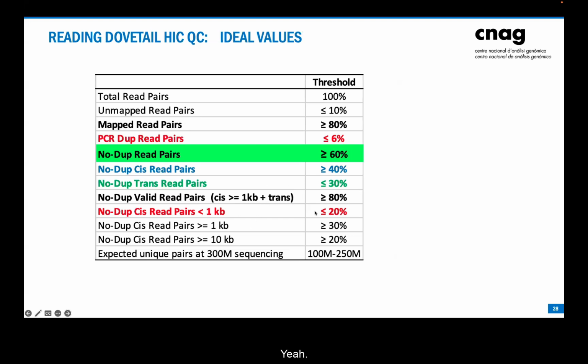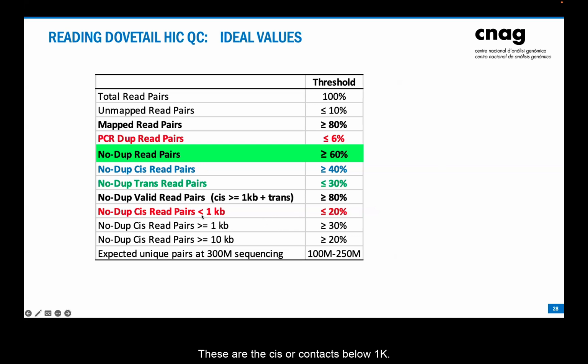This is because for a good human library, what I heard from my colleagues is that normally you expect to have like 60% valid pairs out of the total read pairs sequenced, no? Then you would like to keep this number as low as possible, and values above 20% are not any good.